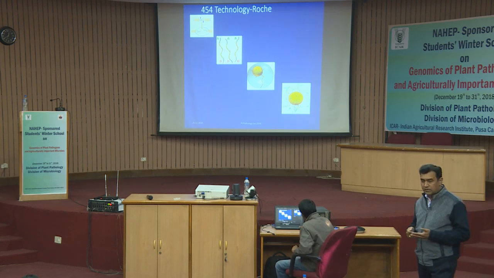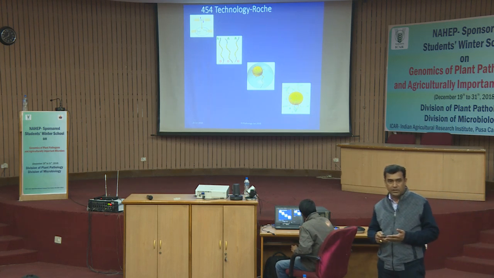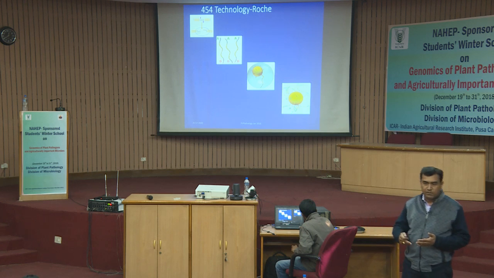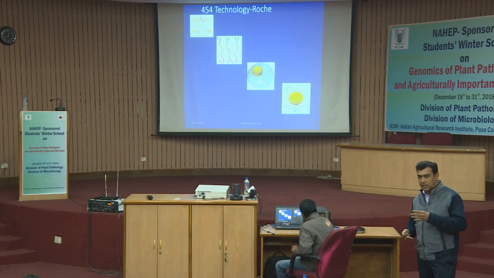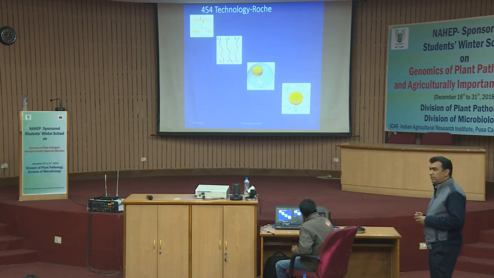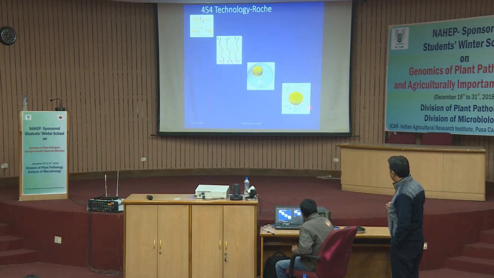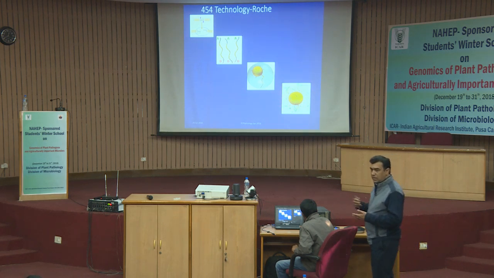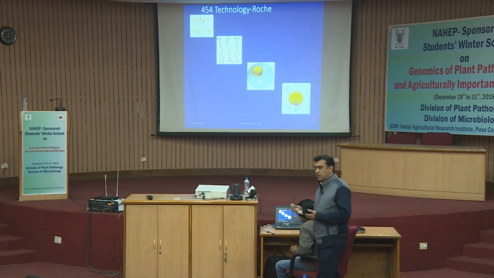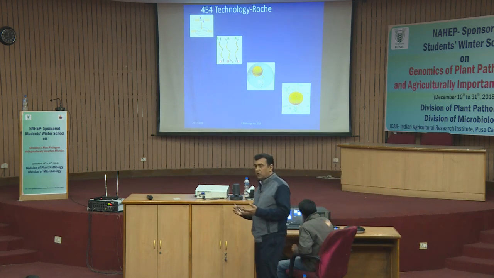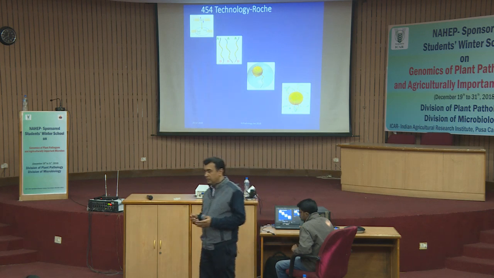This is called clonal amplification. One fragment made many copies, and they are all attached to the same bead. Likewise, you generate millions and millions of beads, each carrying the entire DNA or genome of an organism.